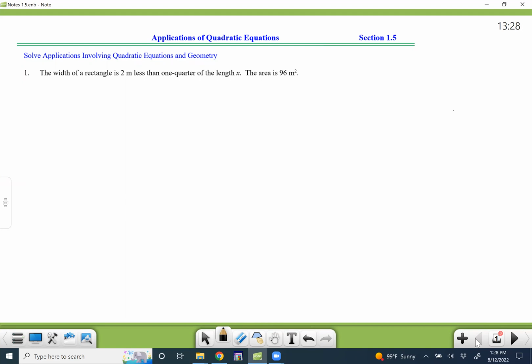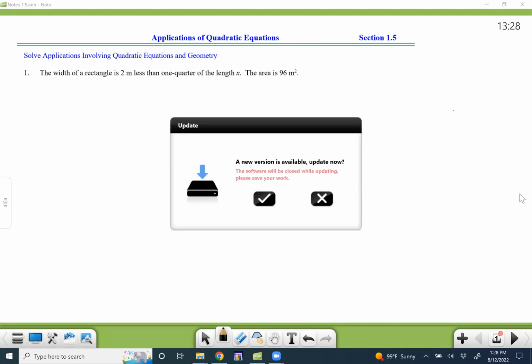Another thing you want to keep in mind is what section are you on? If you're on the section where you're studying inequalities, then you're probably going to have something set up with a less than or equal to, greater than or equal to. In this case, we just learned quadratic equations.